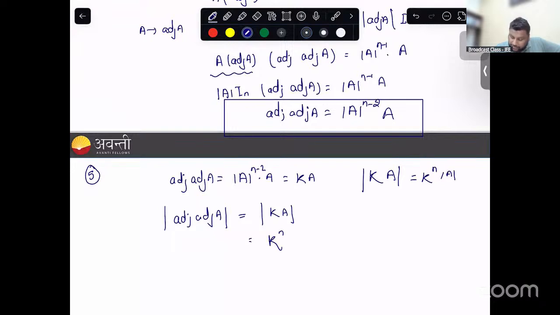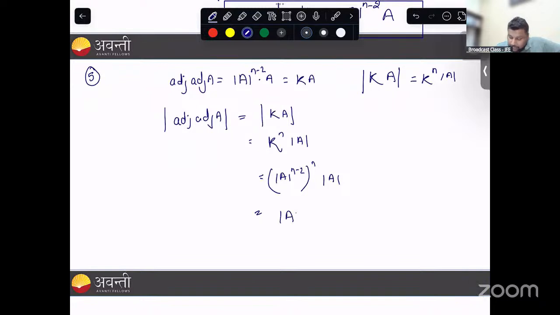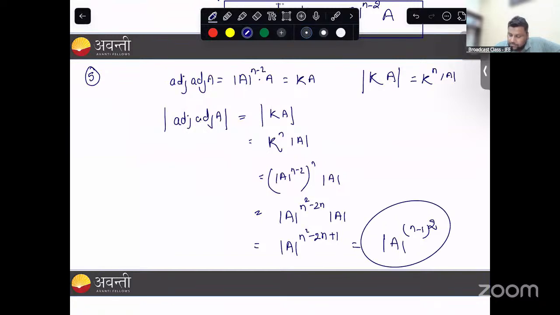Now take k common, k to the power n determinant of A. Now k was determinant of A to the power n minus 2, all to the power n, determinant of A. That gives n square minus 2n into determinant of A. Tell me if you understood it or not.